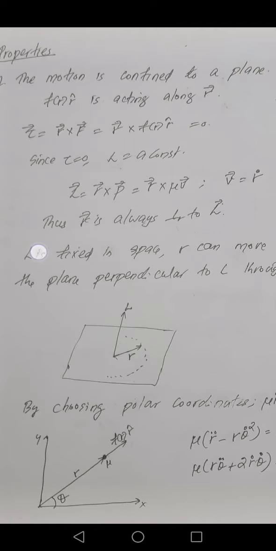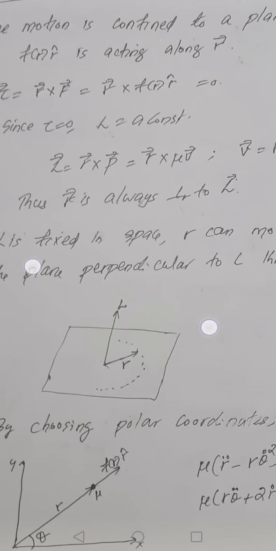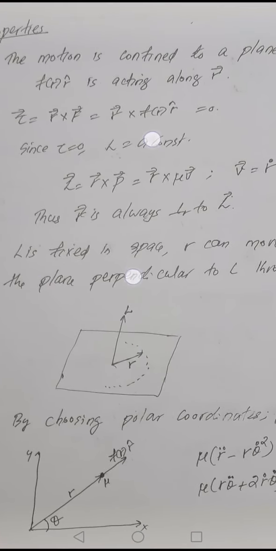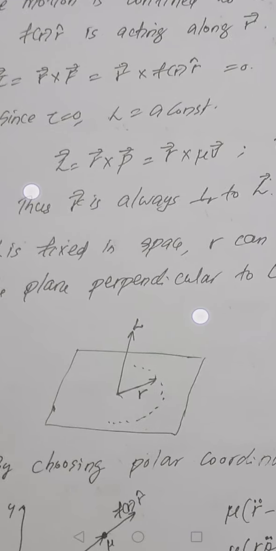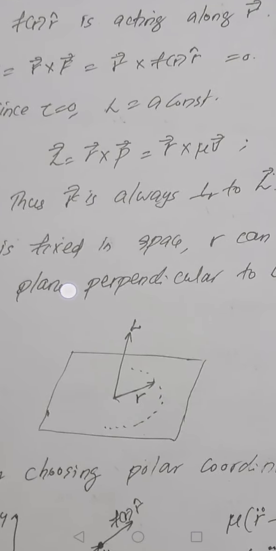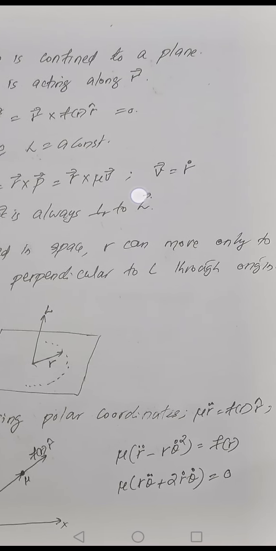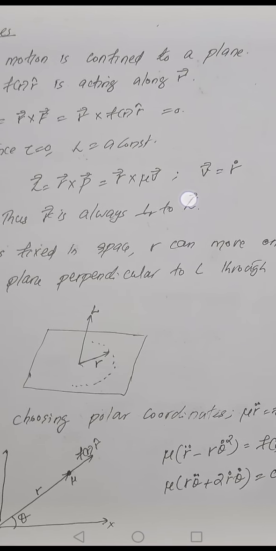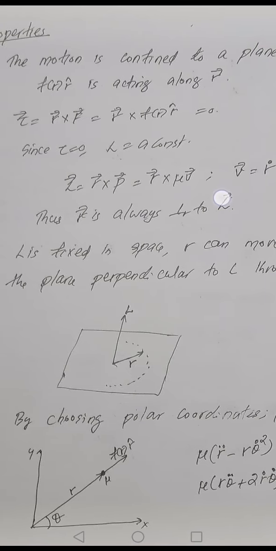Very important aspect. So what is L? L is equal to r cross P, where P is the linear momentum. So r cross mu into V, where V is the velocity, V is r dot r cap.